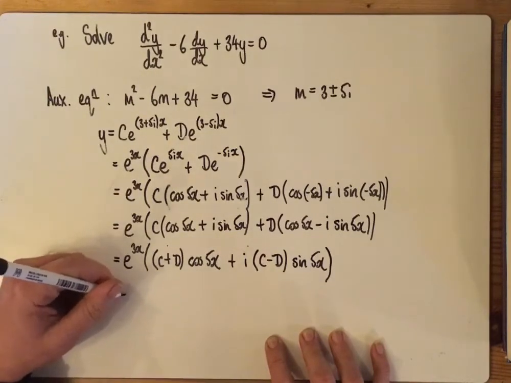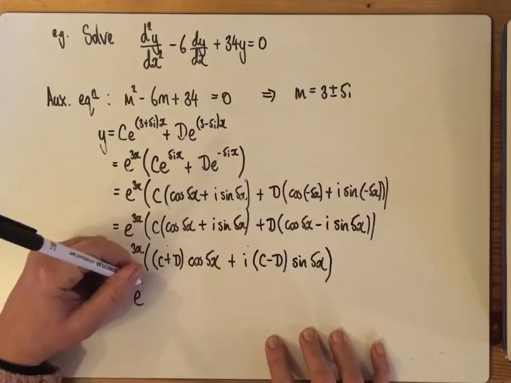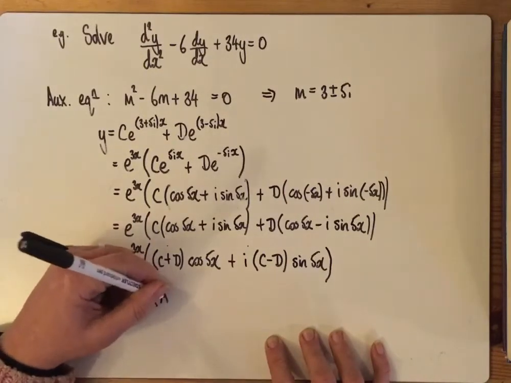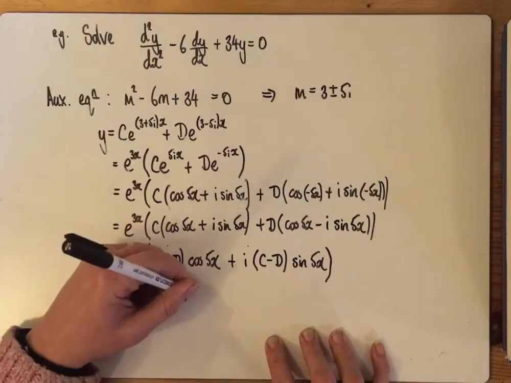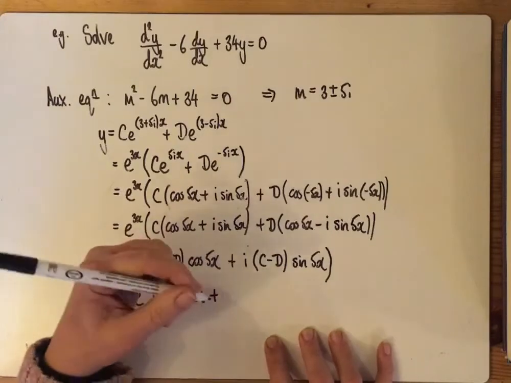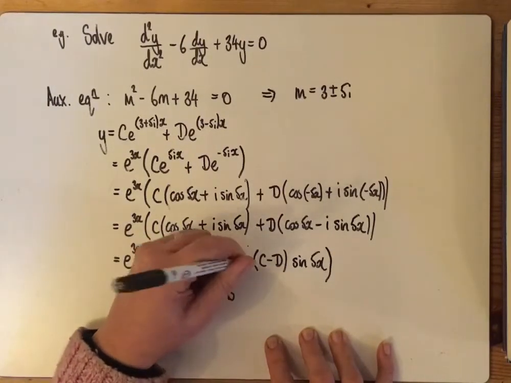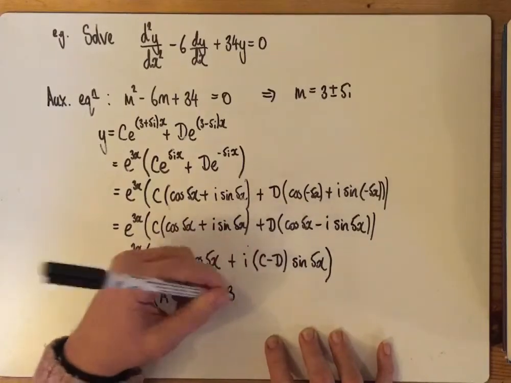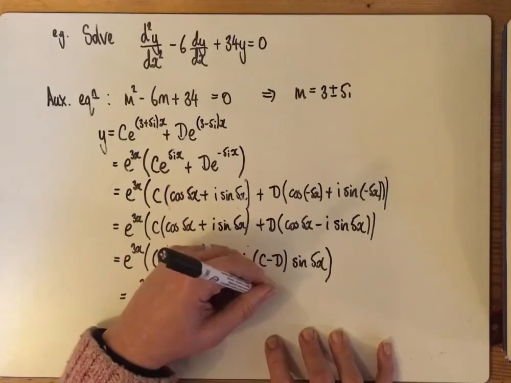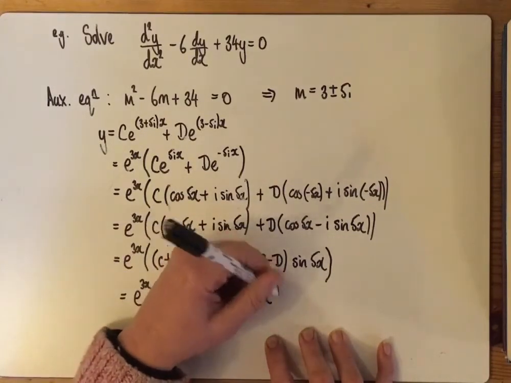And then if we replace c plus d with a, and i lots of c minus d with b, we end up here.